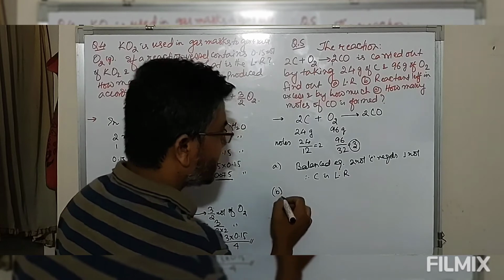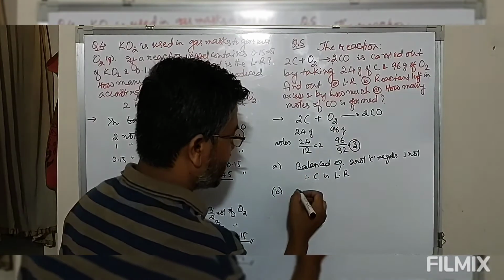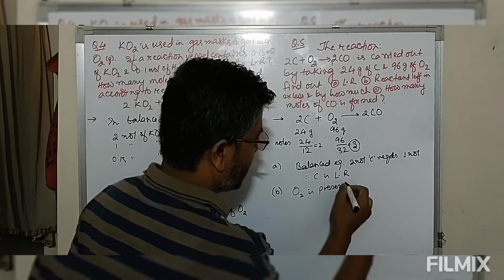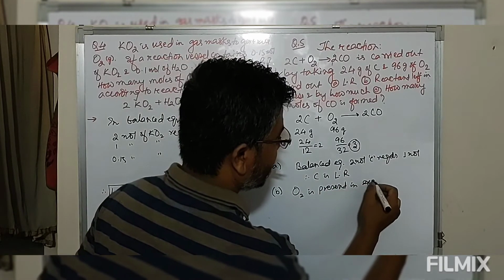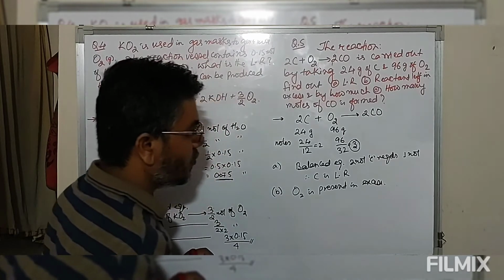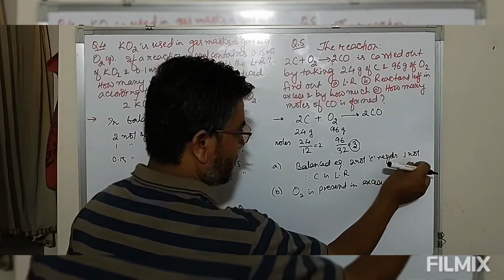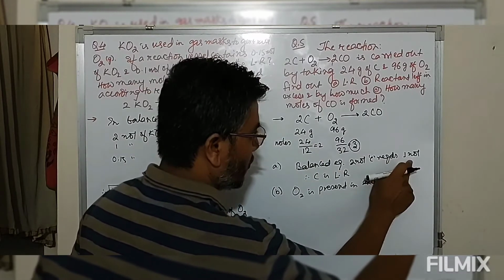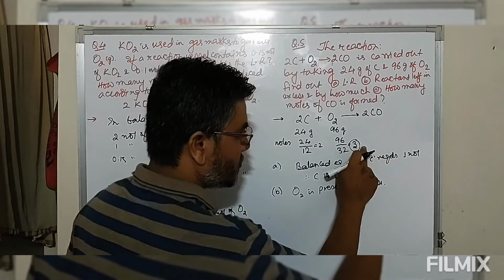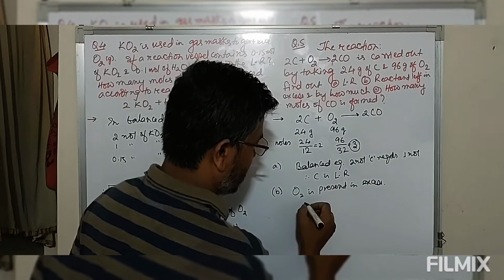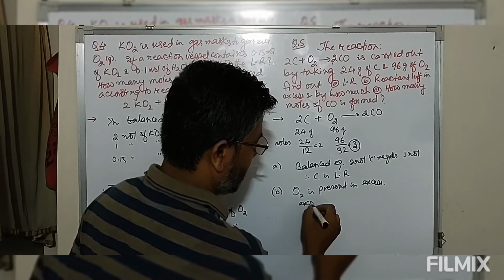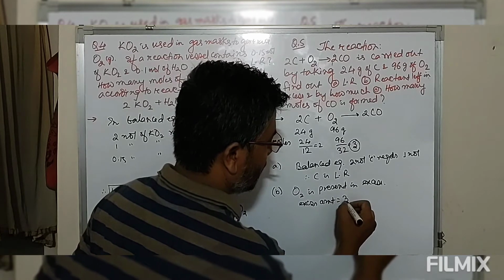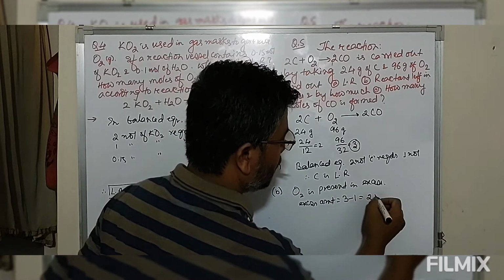Second, now if carbon is the limiting reagent, oxygen is present in excess. Now, the requirement of oxygen for 2 moles of carbon in this reaction is 1 mole, but actually present is 3. So therefore, the excess amount is equal to 3 minus 1, that is 2 mole.